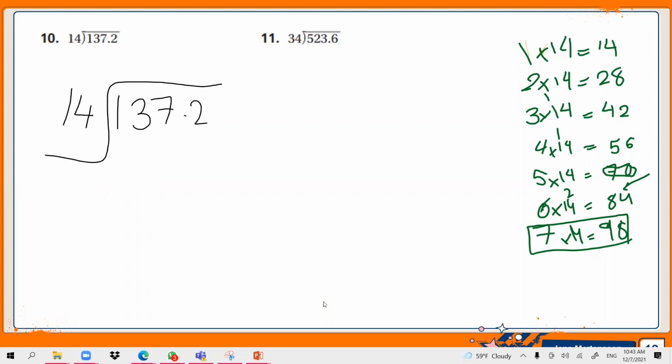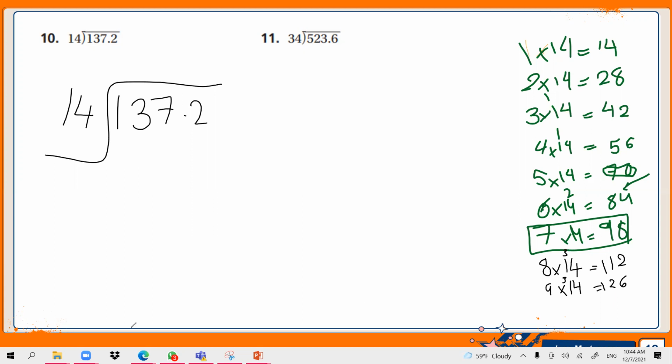Yes, now here, as you said, we look at the multiplication table of 14. So here we reached 7 times 14. Then 8 times 14, it will be 112. 9 times 14, 126.